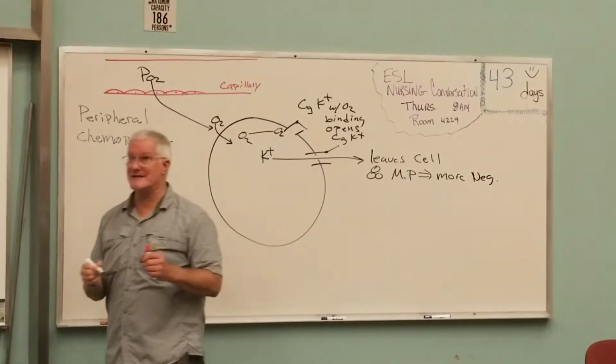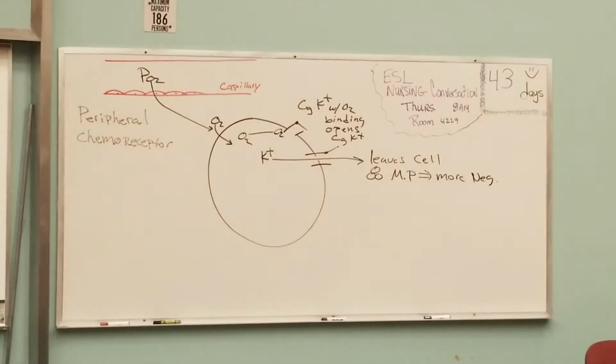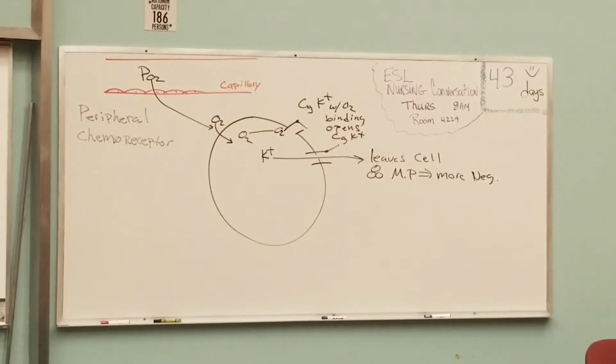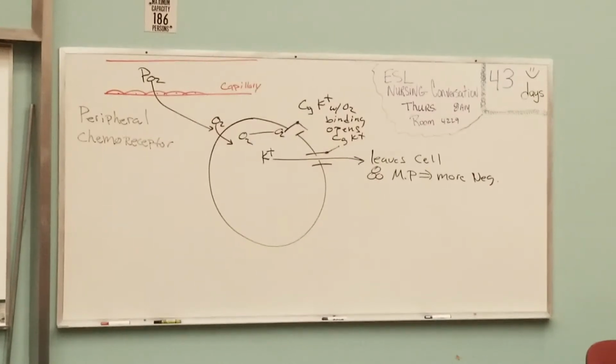And everybody's okay with that idea? Okay, now, so what was it that caused the potassium channel to open up? Oxygen binding to that chemical gated channel.